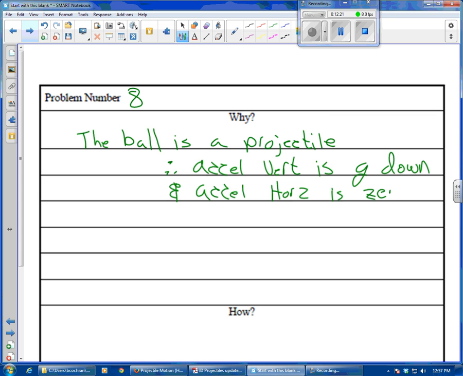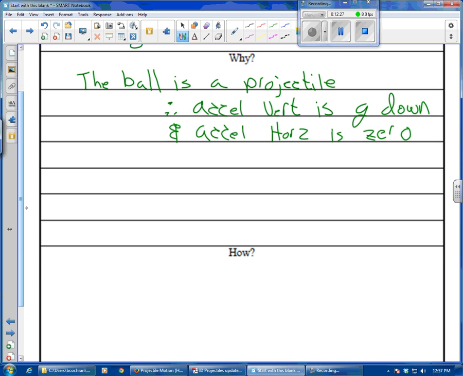Number 8. And let's see. Ball lands lower vertically than it starts.